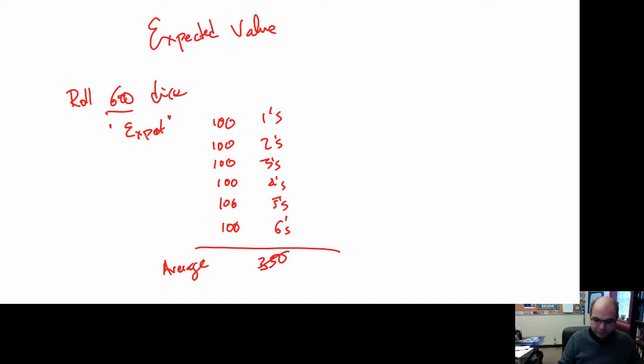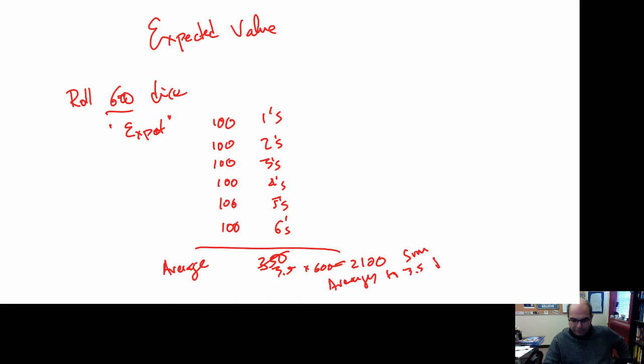It's actually 3.5 times 600. Okay. And that's what? 2100. Okay. So yeah, I was looking at the hundreds. So that is a reasonable sum, I should say, right? Which averages to 3.5 per roll of the die.